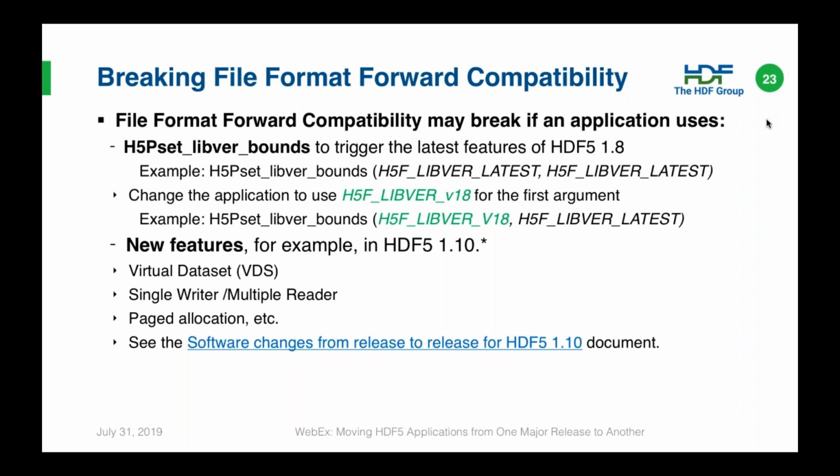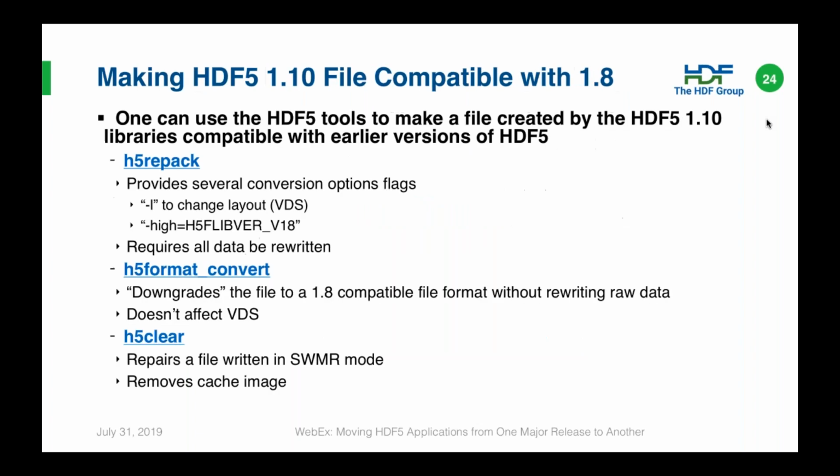And of course, you ask, okay, I created this new file. What can I do now? How can I share it with the people who still use old versions, say, of MATLAB? We provide several means to do this. First of all, your best friend will be h5repack. You may use the -L flag to change the layout when you're repacking a VDS to bring all pieces of the virtual dataset into the file.